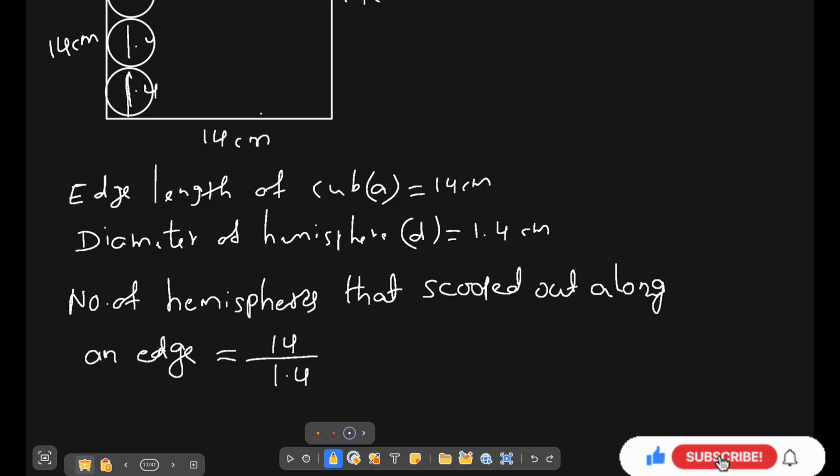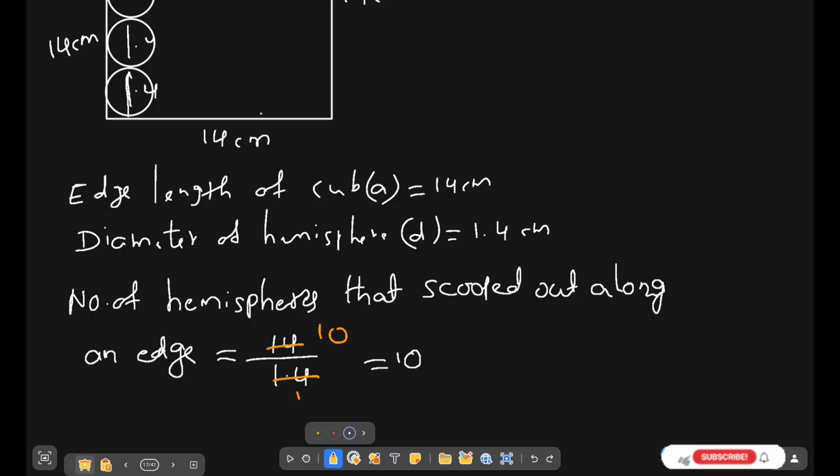So 1.4 times 10 is 14. So you can scoop out 10 hemispheres along one edge.